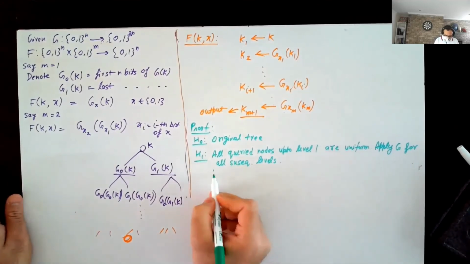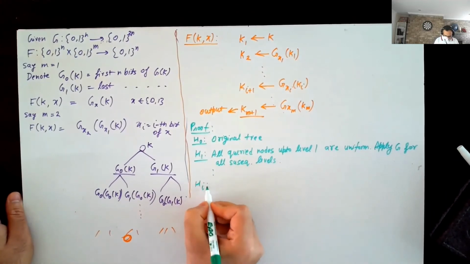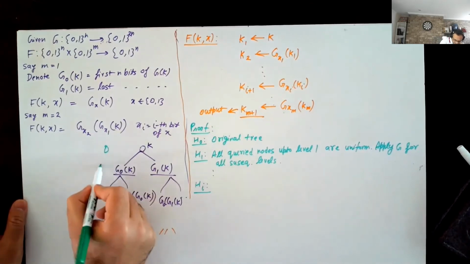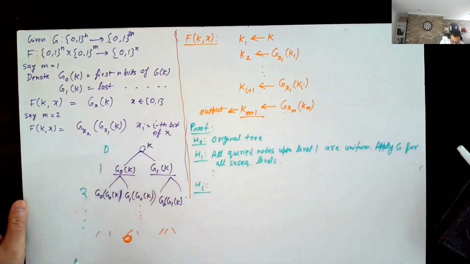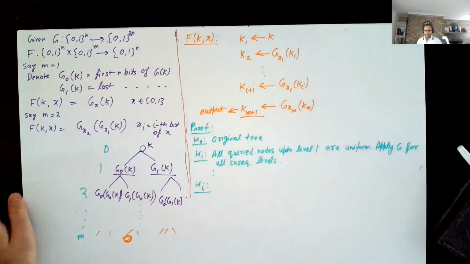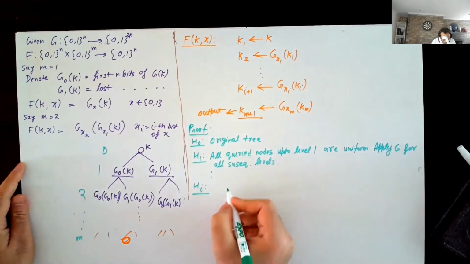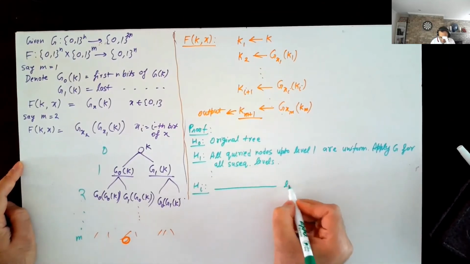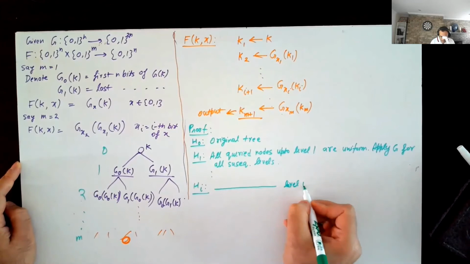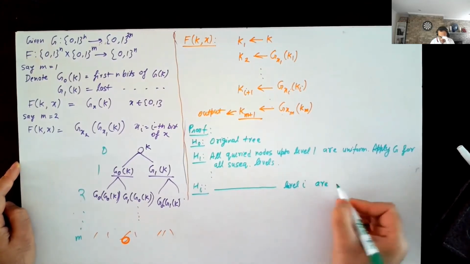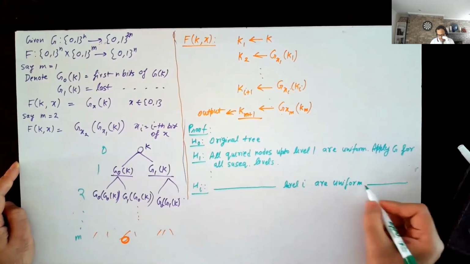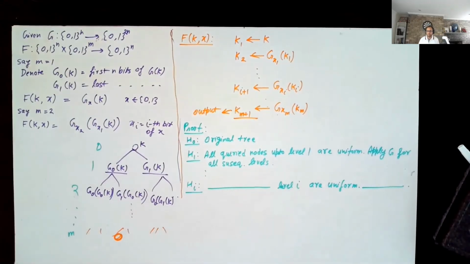I'm calling this level 0, this is level 1, 2, and finally we'll have level M. What is HI? All queried nodes up to level I are uniform, and you apply G for the subsequent levels. Makes sense?